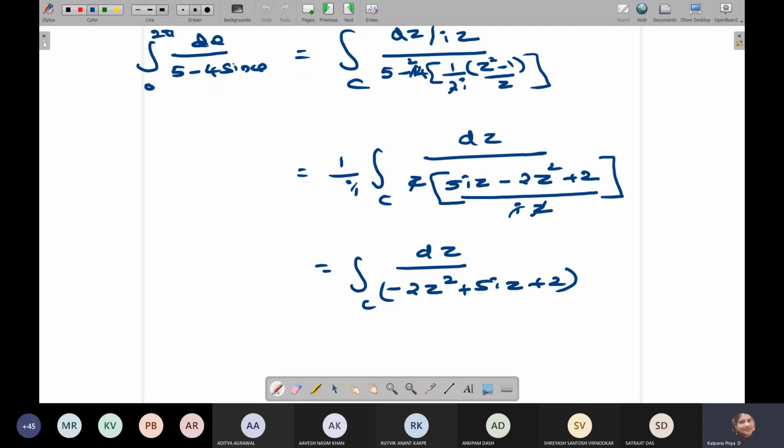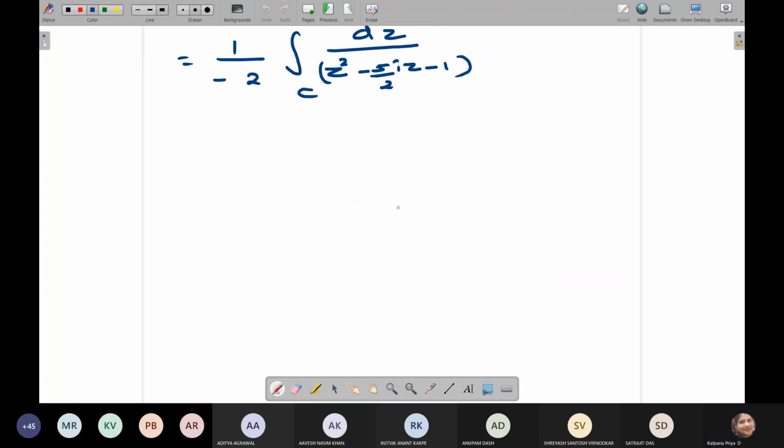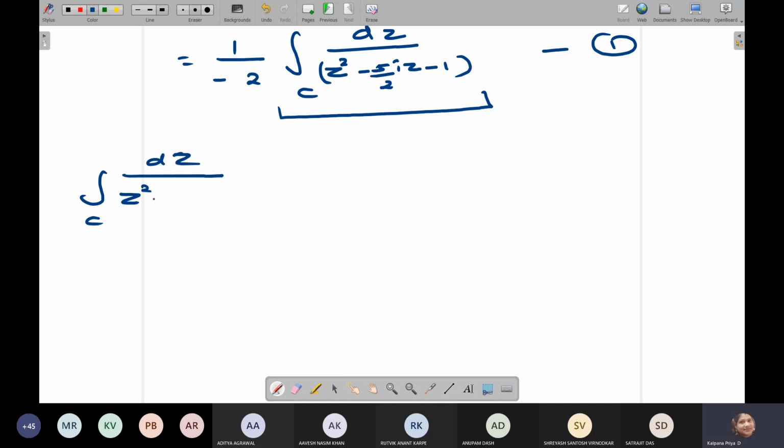Okay, I have taken minus 2 outside. Now take this integral alone, integral over C of z squared minus 5 by 2 iz minus 1. Let us equate the denominator to 0 to find the singular points.